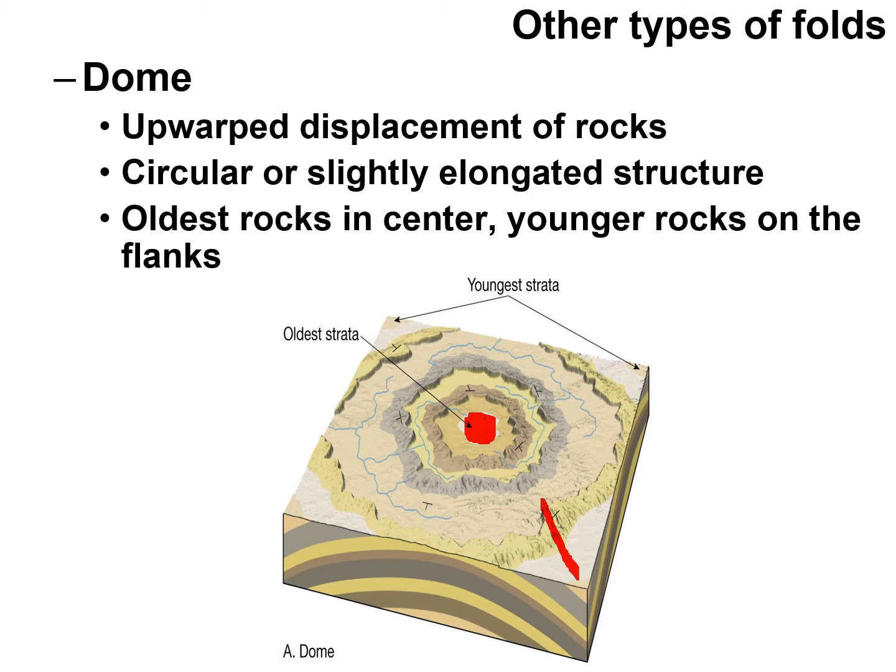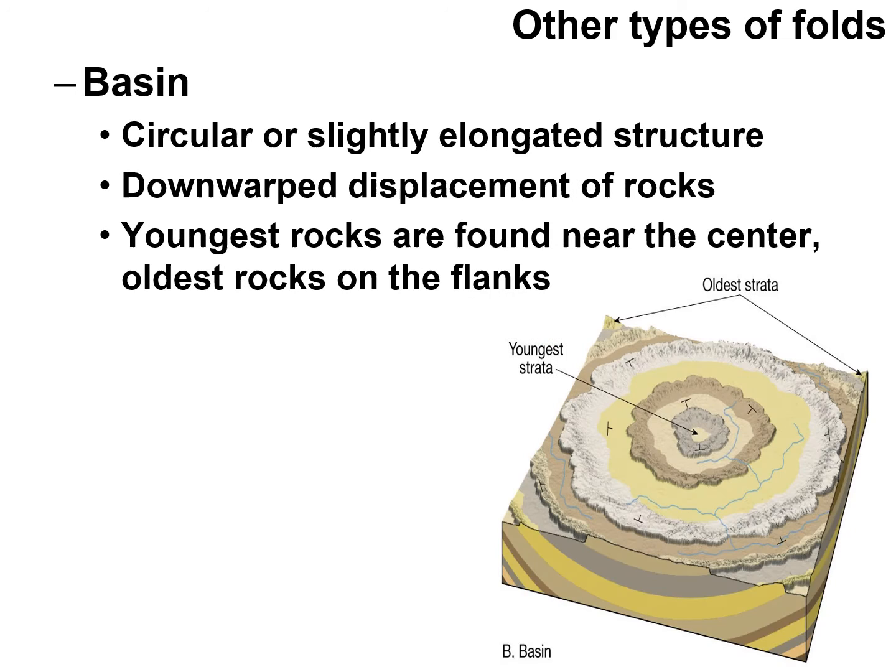And then all the surrounding rocks are dipping away from the center. Now a basin is just the opposite. So in the middle, you get the very youngest rocks exposed, and all the surrounding rocks are dipping towards the center. And so you can think of this as a syncline that is plunging inward on both ends.